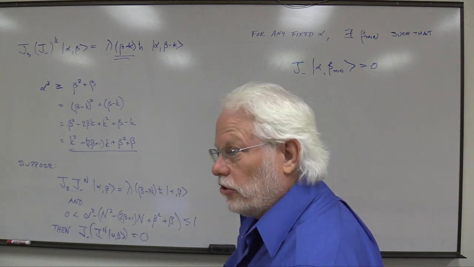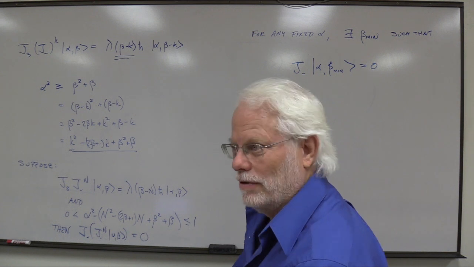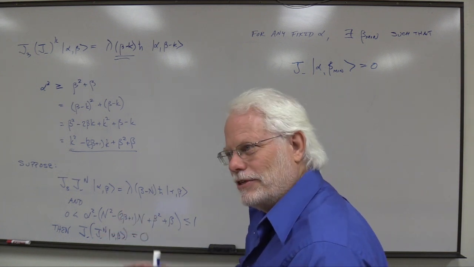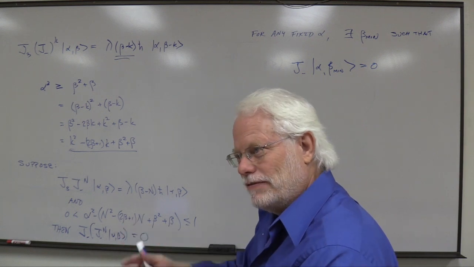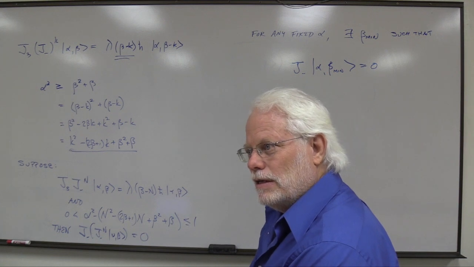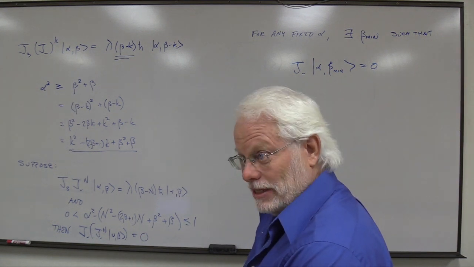There are certain operators called Casimir operators for any Lie algebra. They're products of the generators, combinations of the generators that commute with all of the generators. For the Poincare group, there are 2 of these.